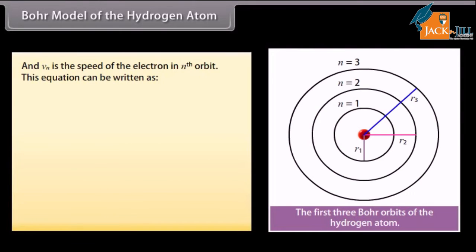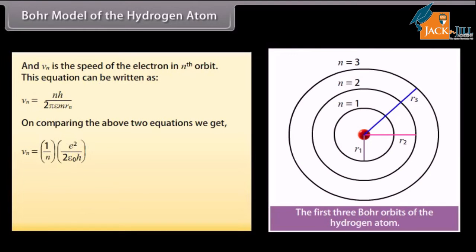This equation can be written as vₙ equals nh/(2πmrₙ). On comparing the above two equations, we get the expressions for velocity and radius of the nth orbit. vₙ equals 1/n multiplied by e²/(2ε₀h), and rₙ equals n² multiplied by h²ε₀/(πme²), which equals n²a₀, where a₀ is equal to 0.529 angstrom.